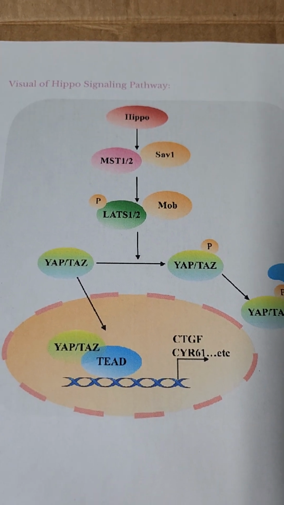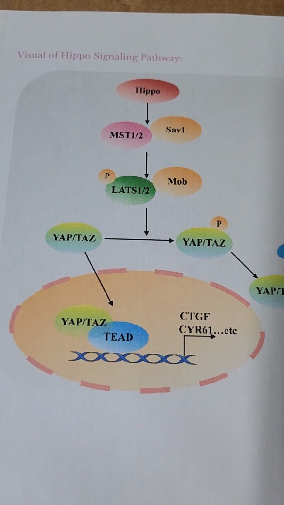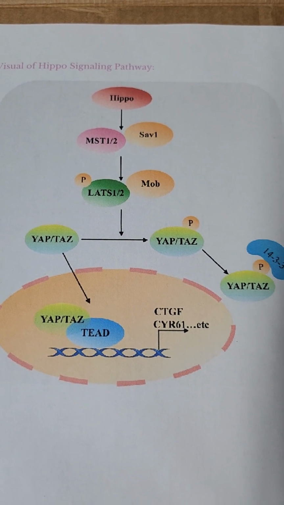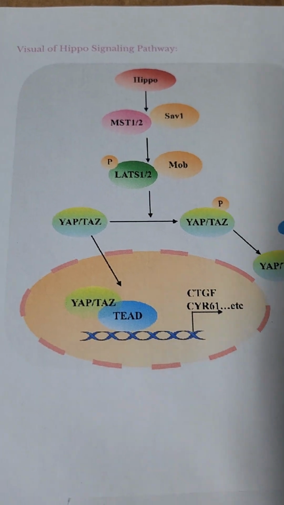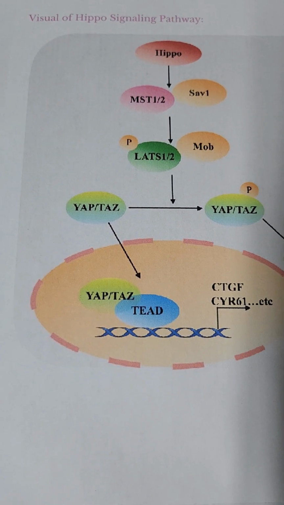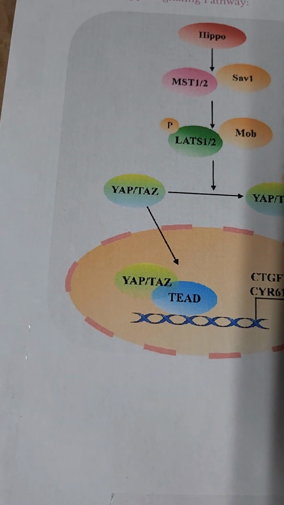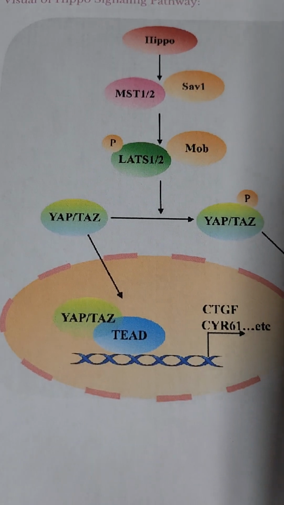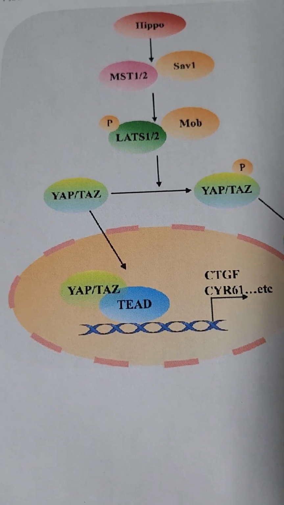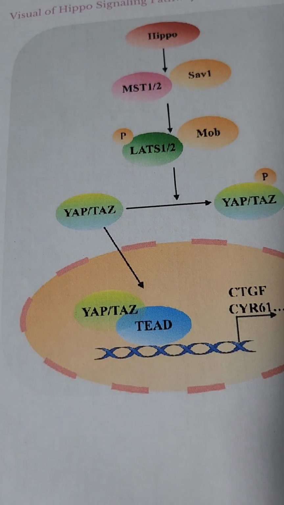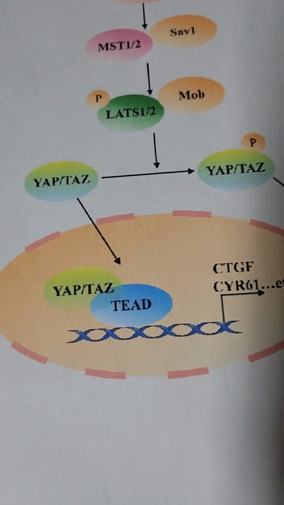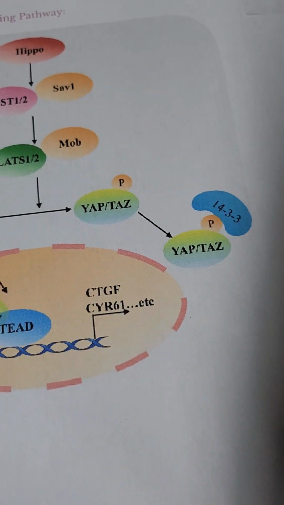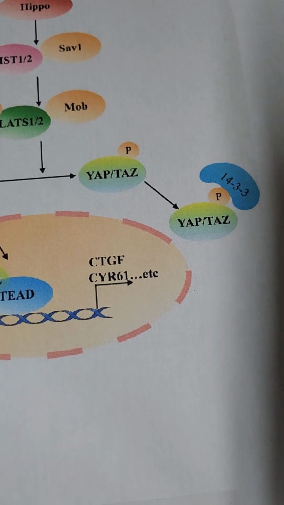But when LATS1 and LATS2 are inactive, which means they do not have a phosphate, YAP and TAZ are never inhibited, so they translocate into the nucleus, and they bind to a transcription factor, and then that expresses the genes needed for cell proliferation.